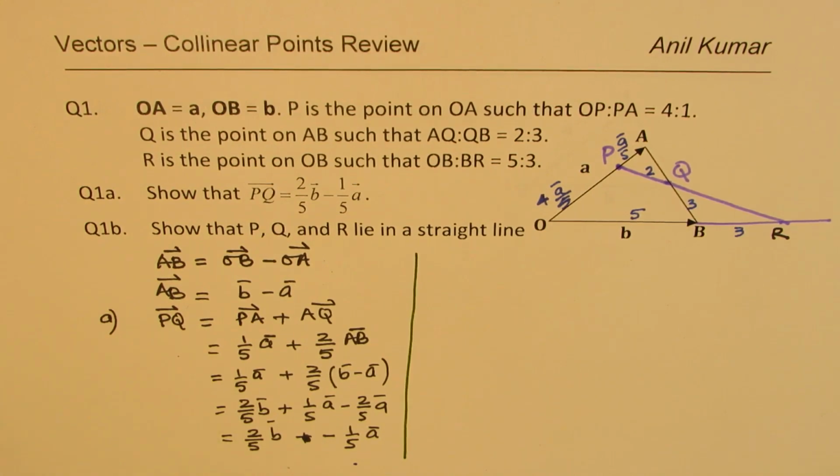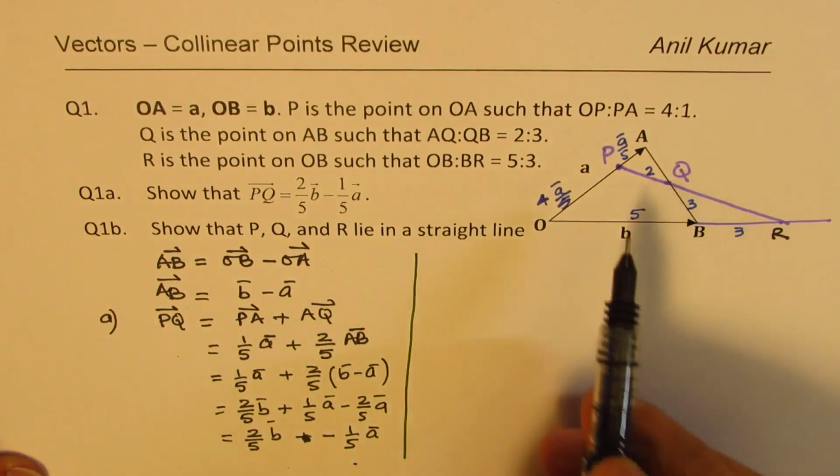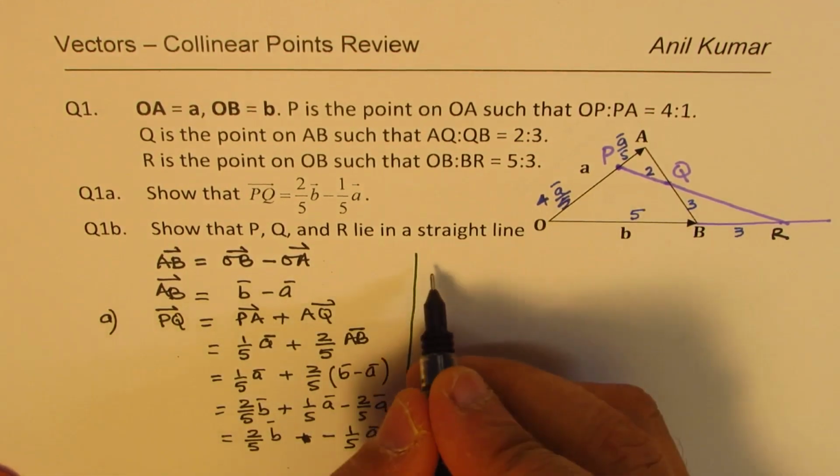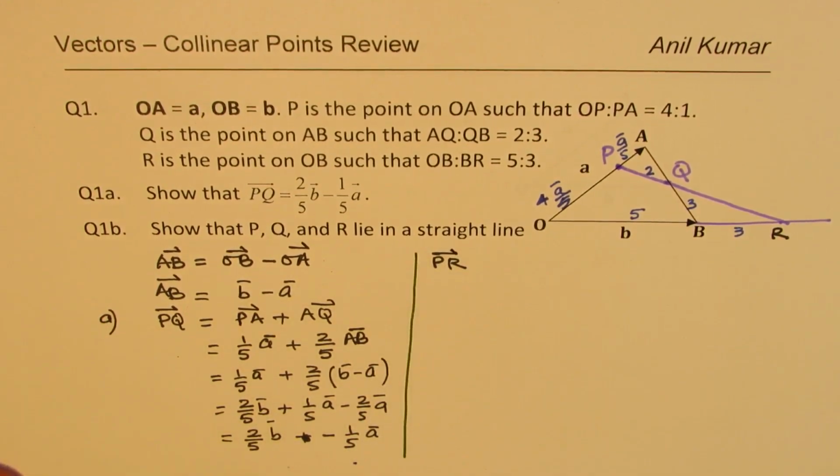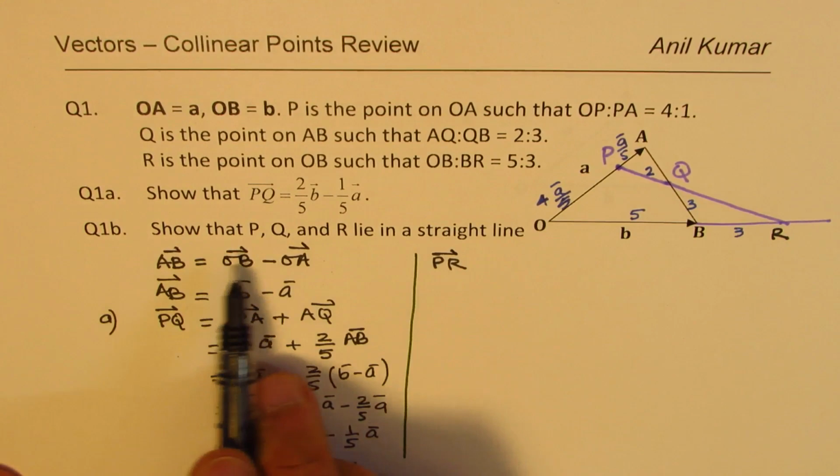So if we get that scalar multiple part, then we are done. So what we will do here is we'll find what PR is. But we need to also show that Q is on it, P, Q, and R.